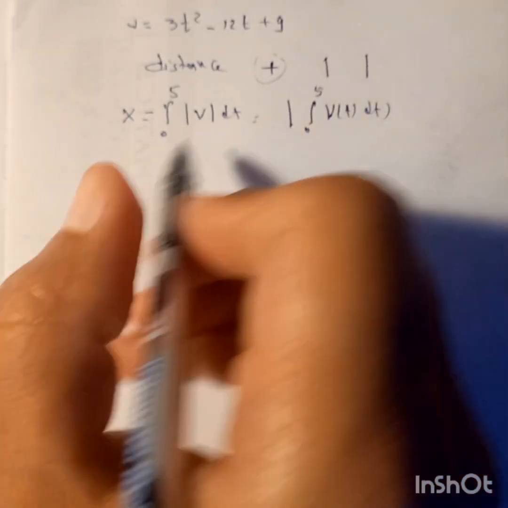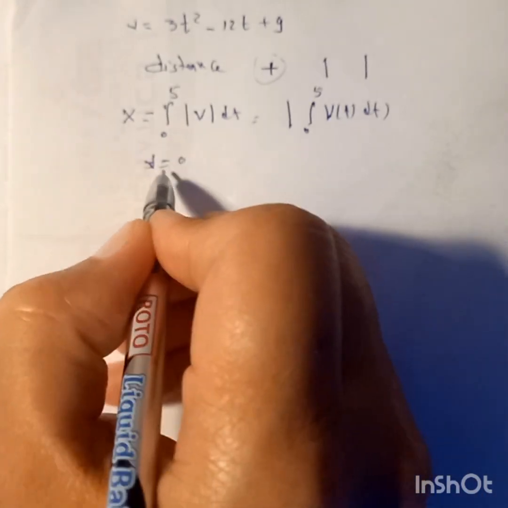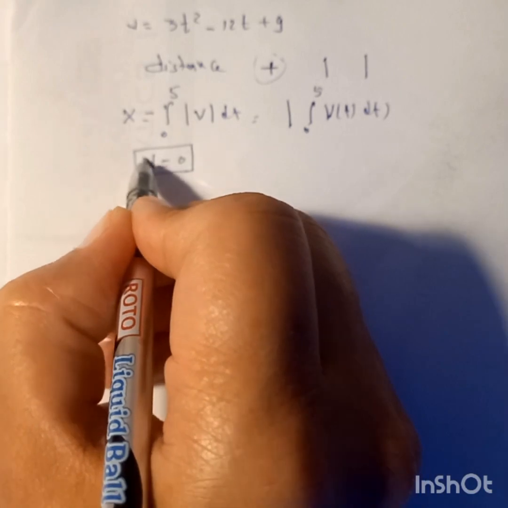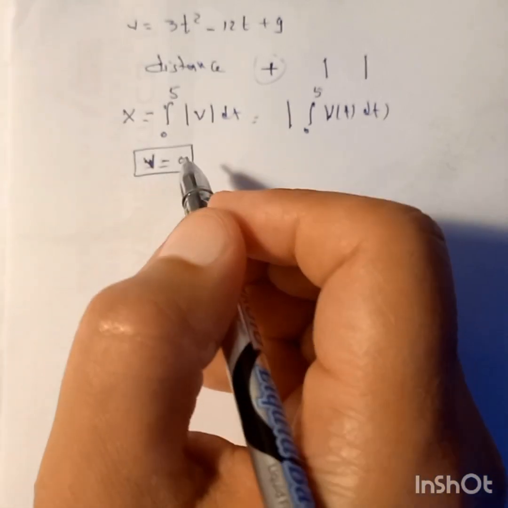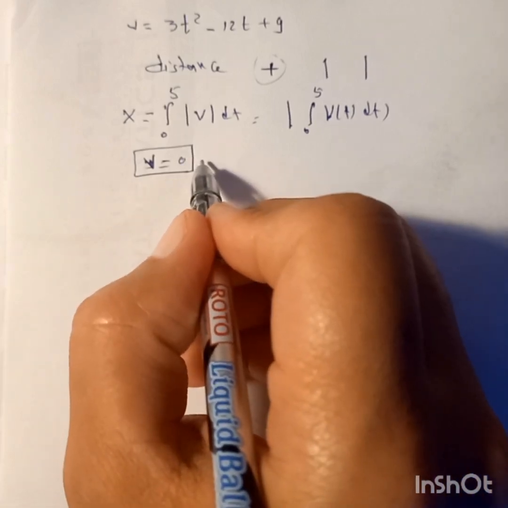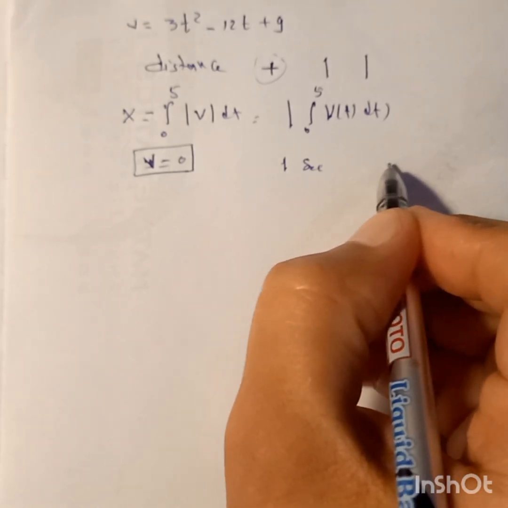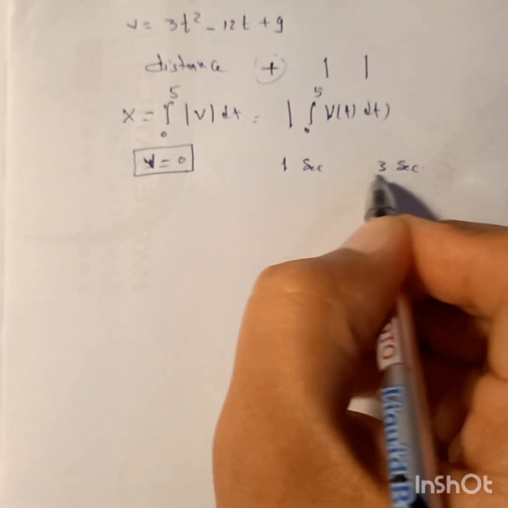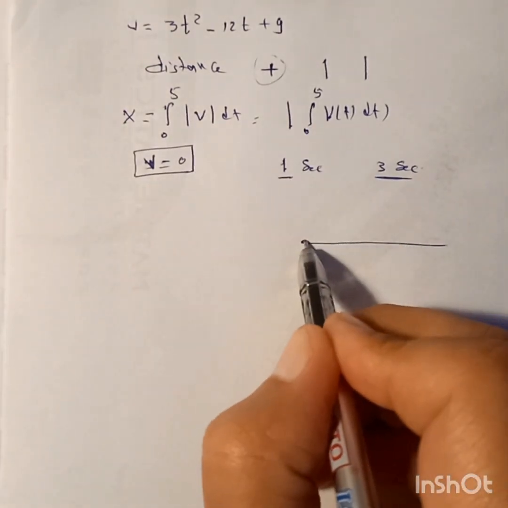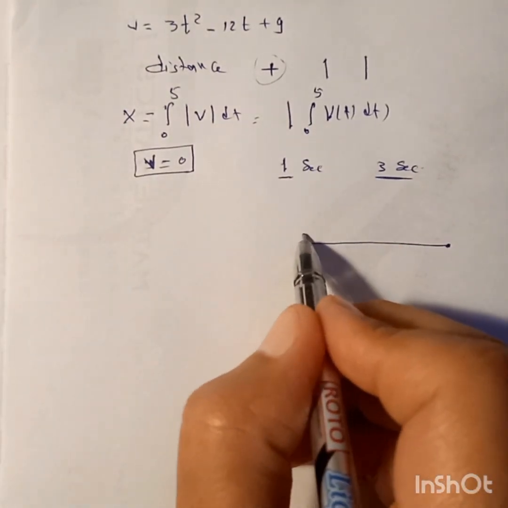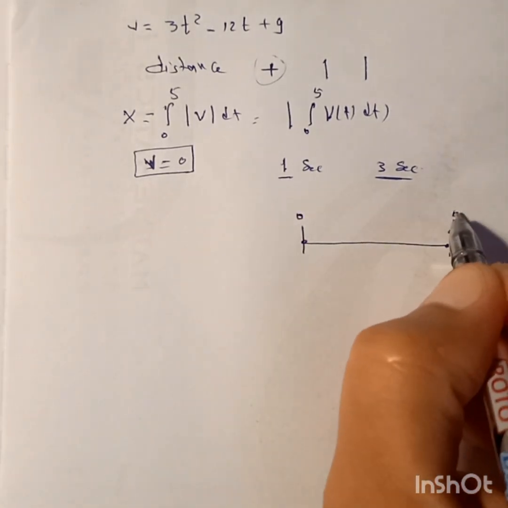Then first we have to find when v equals 0, or the direction of motion changes. As we explained before, v equals 0 at t equals 1 second and t equals 3 seconds. We need to find the distance from t equals 0 to t equals 5.